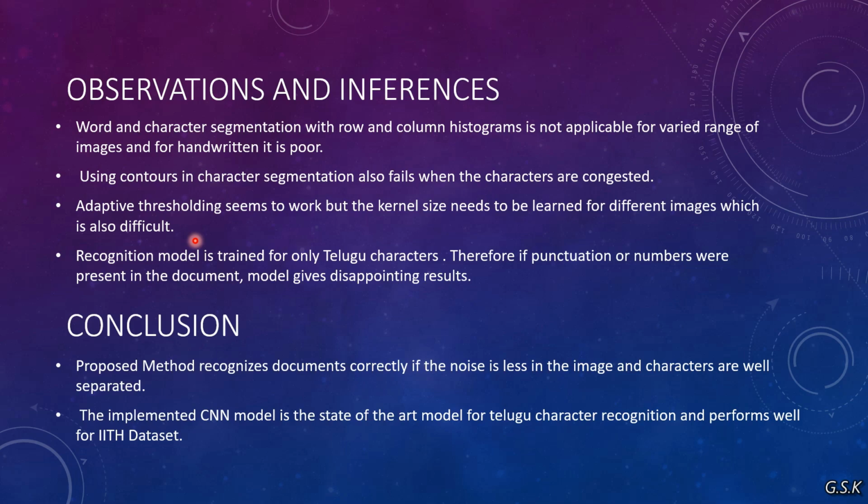One more pitfall in our model is that the recognition model is only trained for Telugu characters. If a document has other characters like punctuation or numbers, then it will give very wrong results.